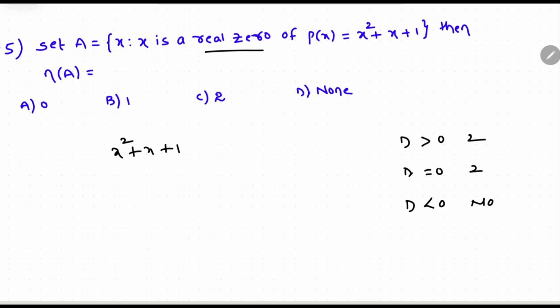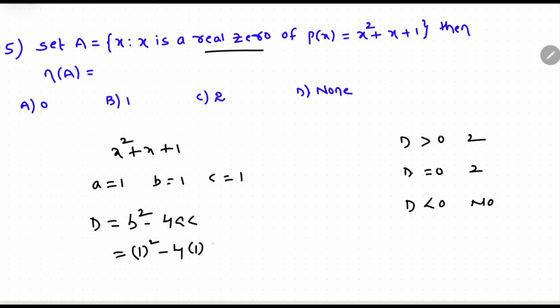Now here, what are the values? a value 1, b value 1, c value 1. So what is the D value? b power 2 minus 4ac. So 1 power 2 minus 4 into a into c.